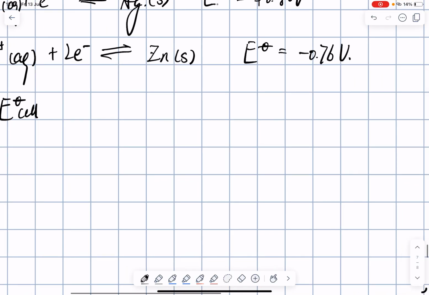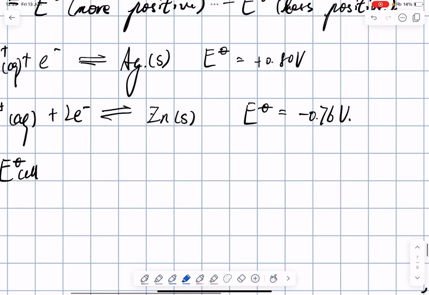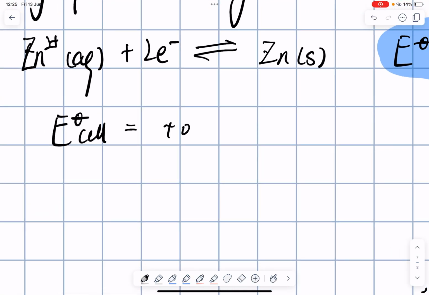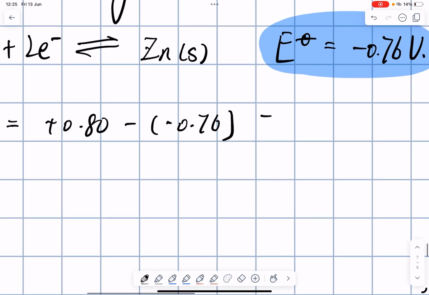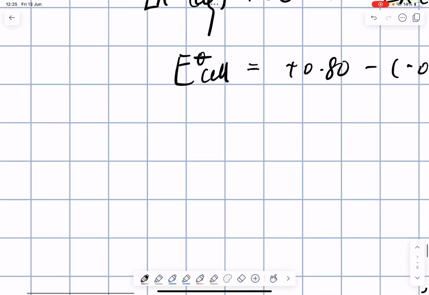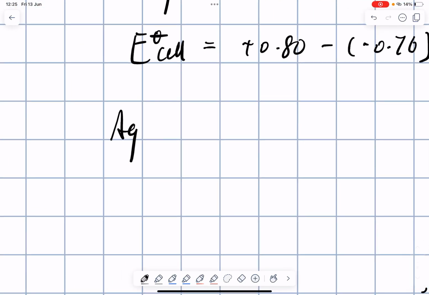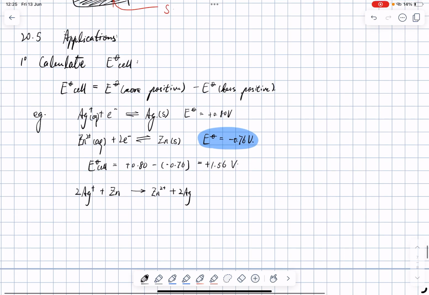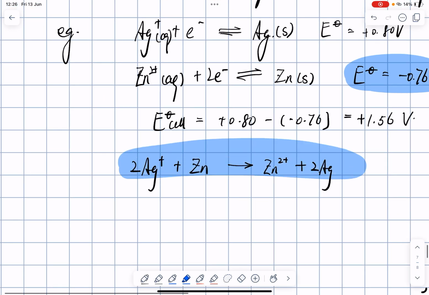So we can see this is more negative, this is less positive, so we just do it like this, and we got this. What's the net reaction of this? This is the net reaction.